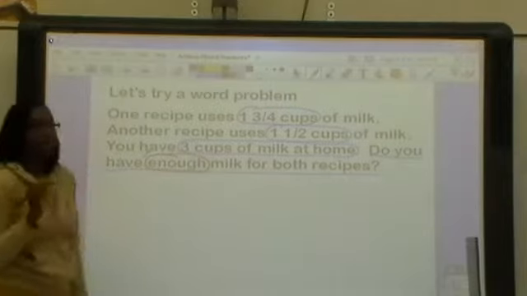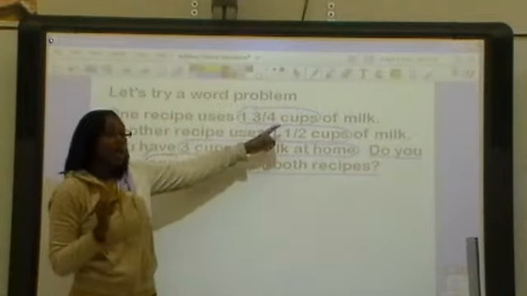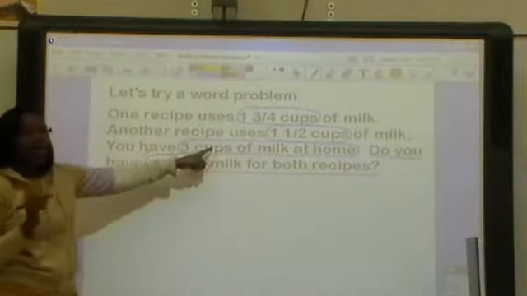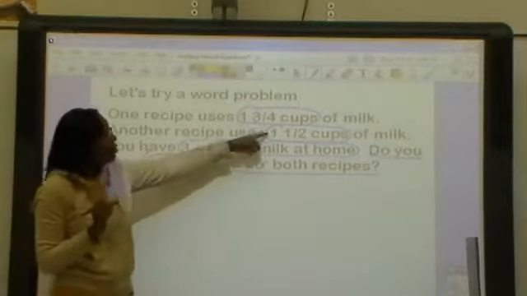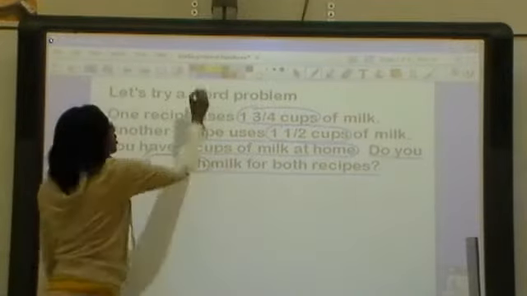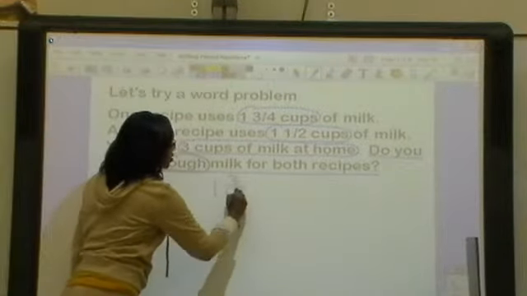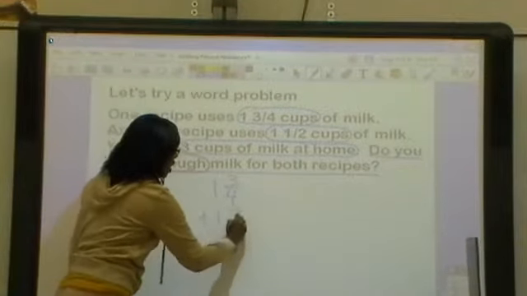In order to determine that, we have to see how much we need and then compare it to how much we have. To see how much we need, we're going to have to add these two together. So I'm going to have to add 1 3/4 plus 1 1/2.